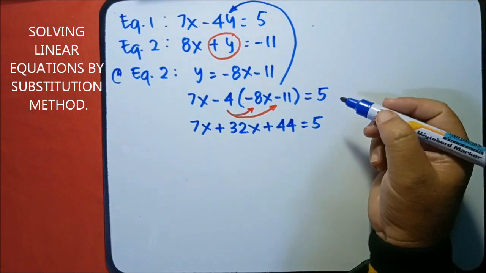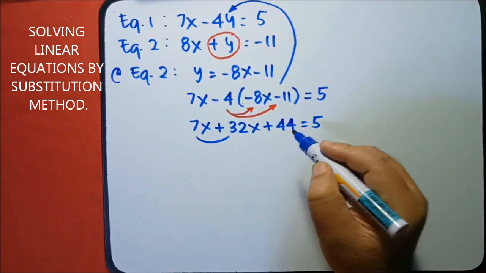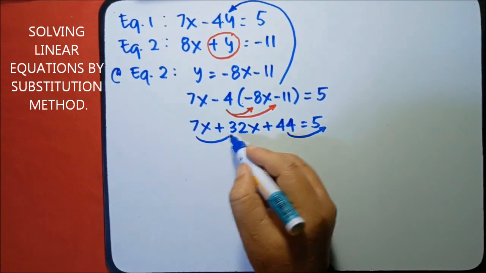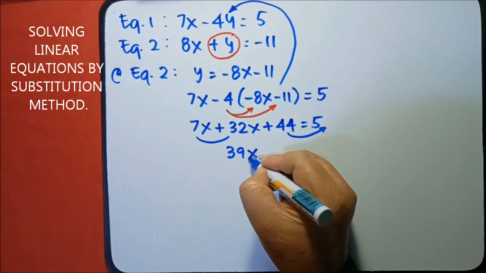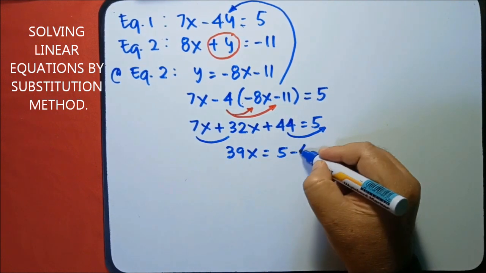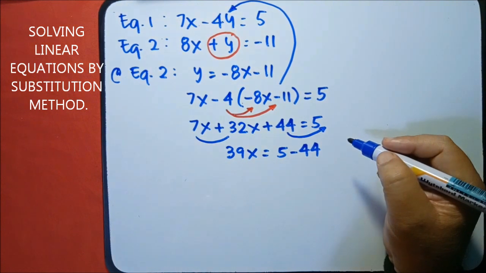Okay. Next, what will you do? Combine like terms. Transpose. So, 7x plus 32x becomes 39x. And 5 minus 44. The 44, when moved to the other side, becomes negative 44.